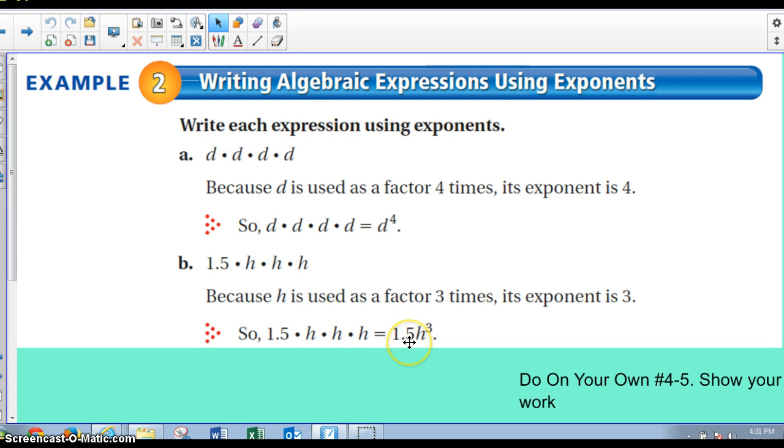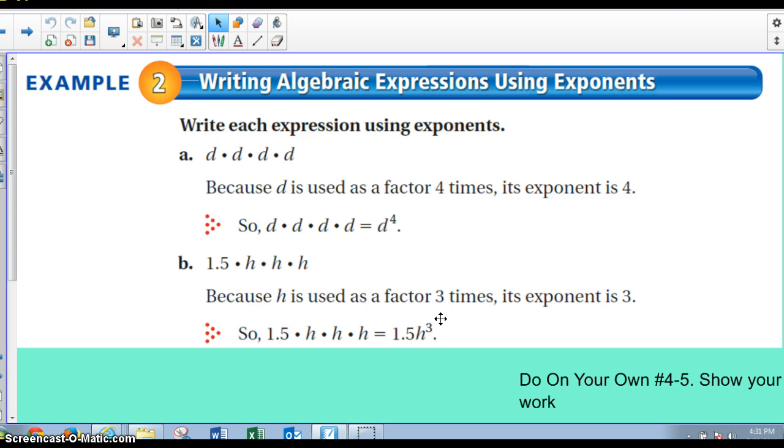If I put that h next to it, that means it's going to be multiplied. 1.5 ends up being our coefficient. And then h to the third power. Go ahead and do the on your own.